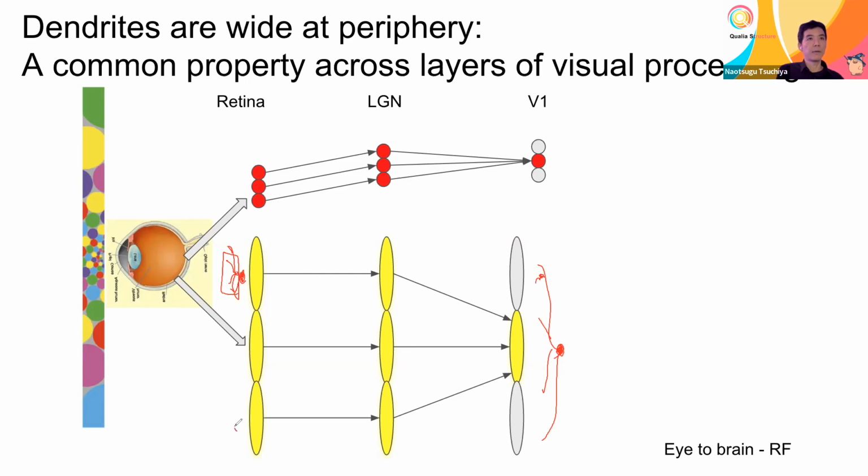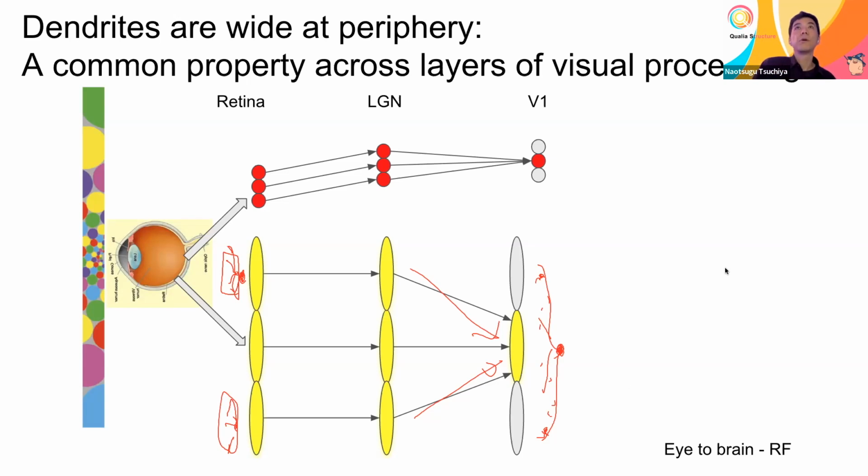And then this retinal ganglion cell, which covers this part of the visual field, is also covered by here. And these are converging to this neuron. And that's what I mean by the convergence effect. Is that clear? Okay, all right.